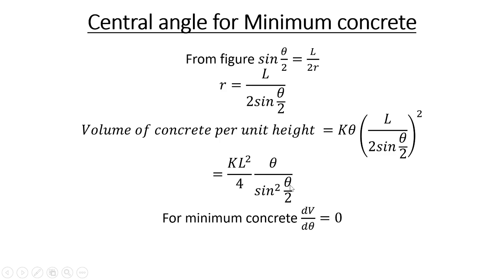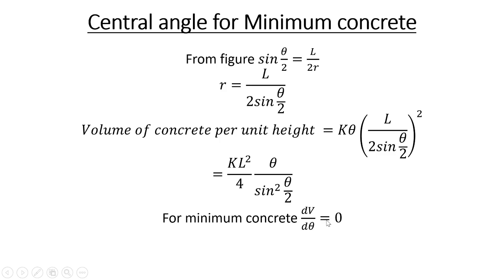We know that for a minimum quantity, the derivative of volume with respect to the variable should be equal to 0. If you see the entire term, the only varying quantity is central angle theta. So let's take derivative of volume with respect to theta and it is equal to 0.